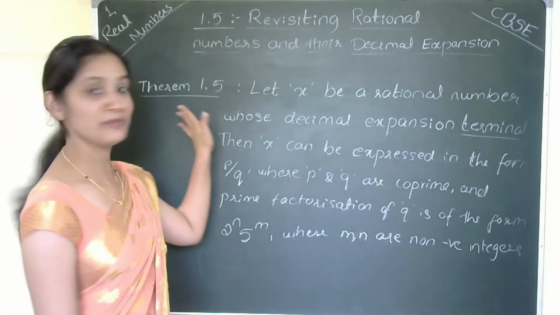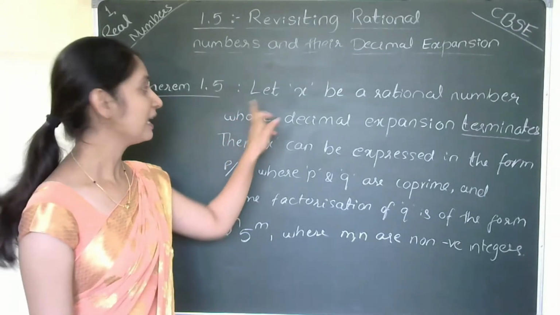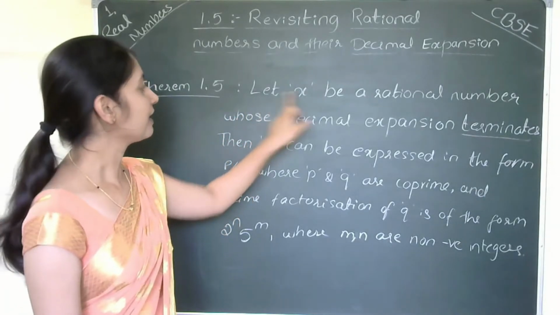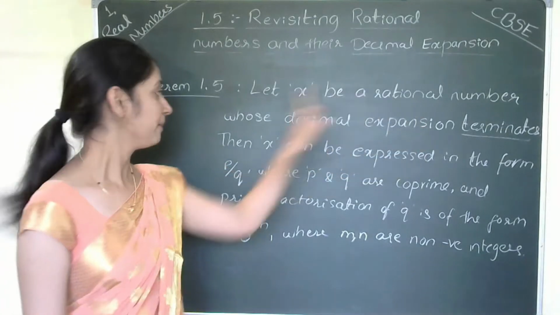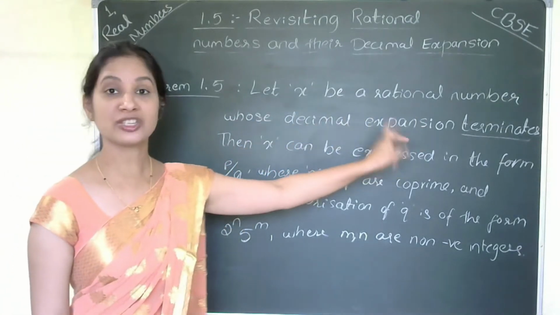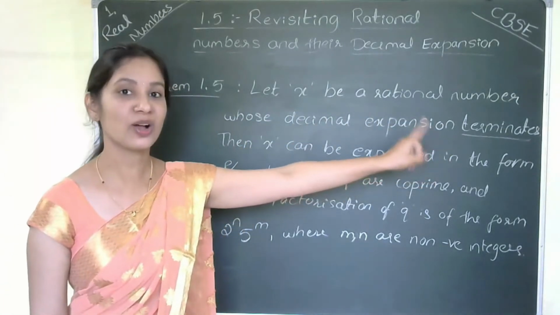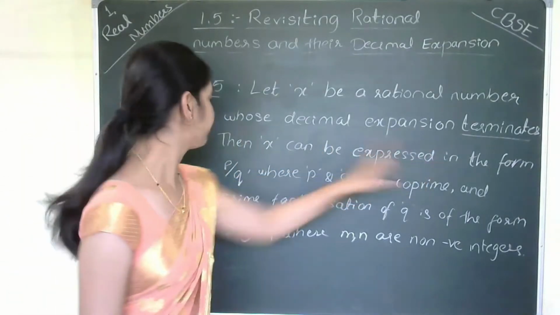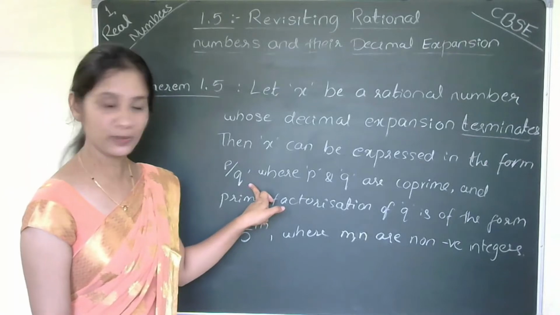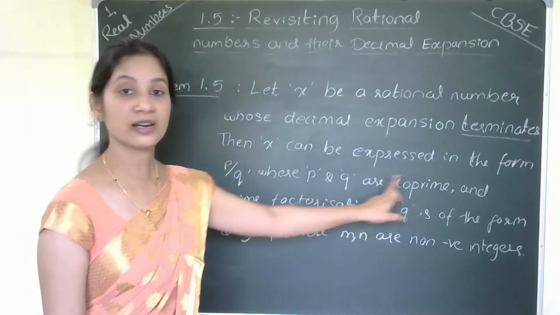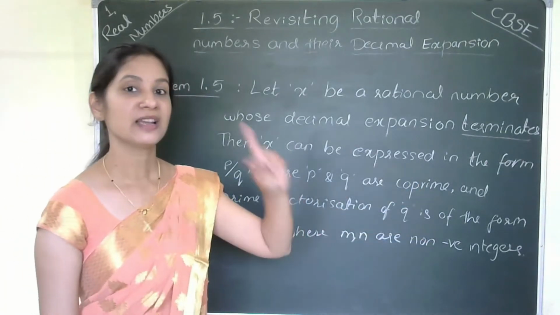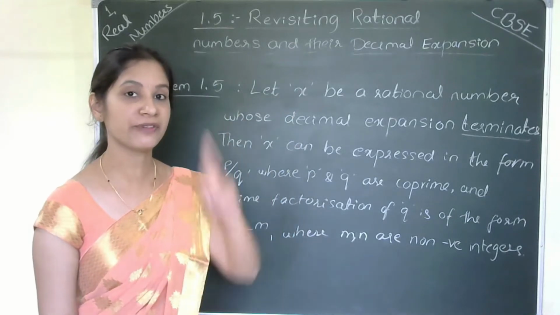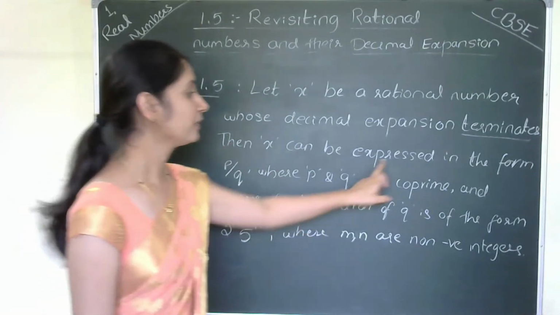This is theorem 1.5 in your textbook that states: let x be a rational number whose decimal expansion terminates. Please observe that word. Then x can be expressed in the form of p by q, where p and q are co-prime. That means both have only the common factor 1.